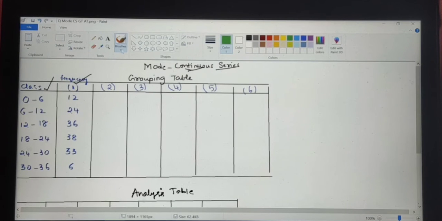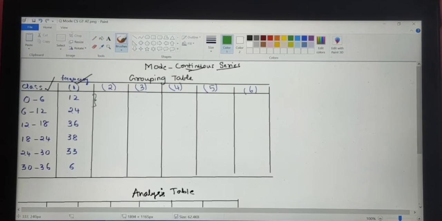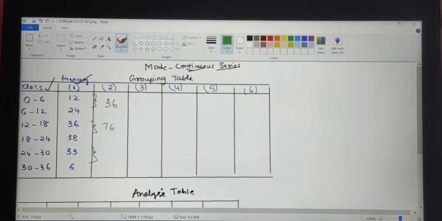In my second column the rule states that you are supposed to group the values into twos. Once I group these into twos, it will be 36, and then here we have 76, and this will be 39.